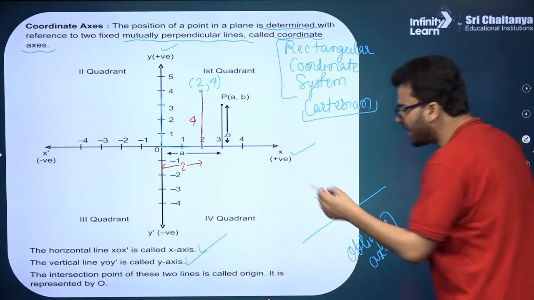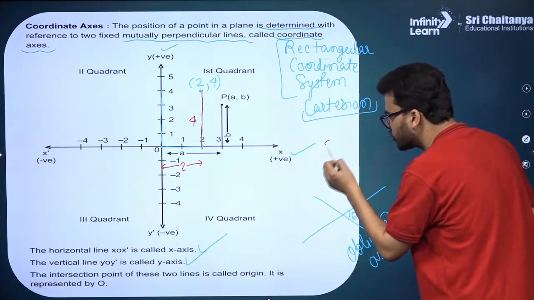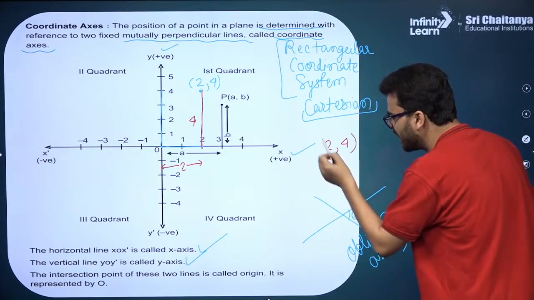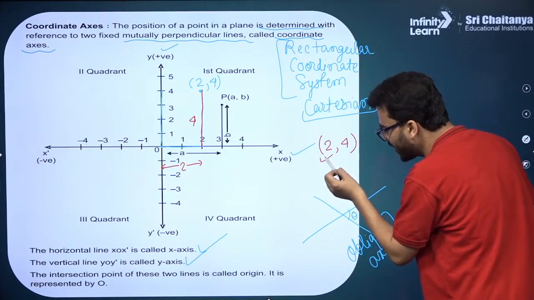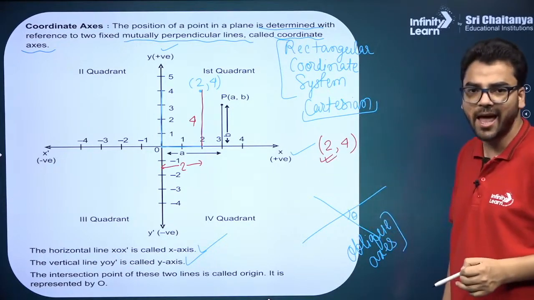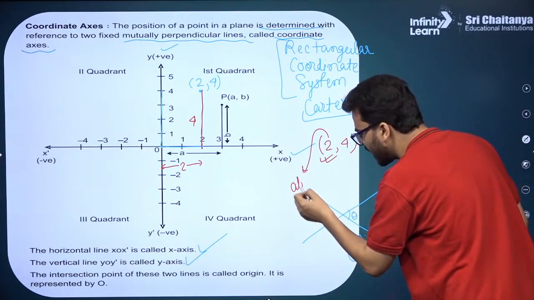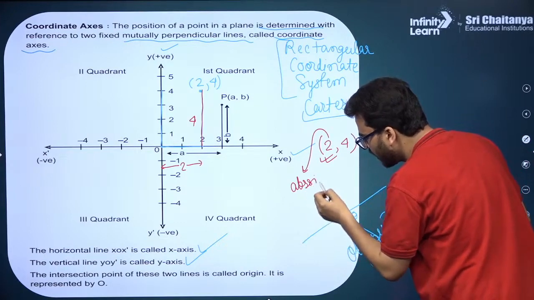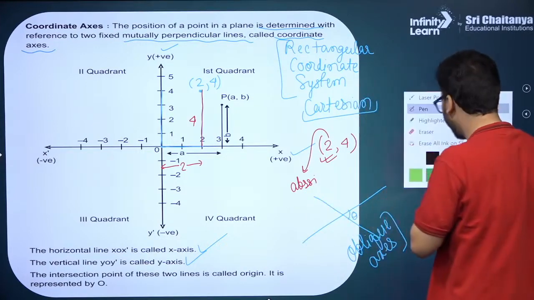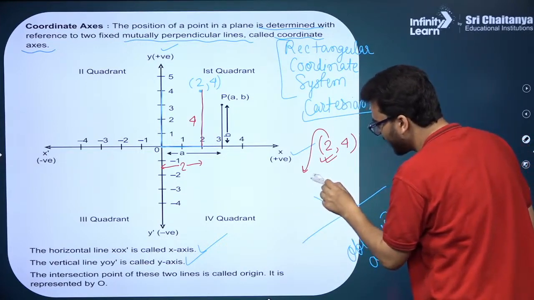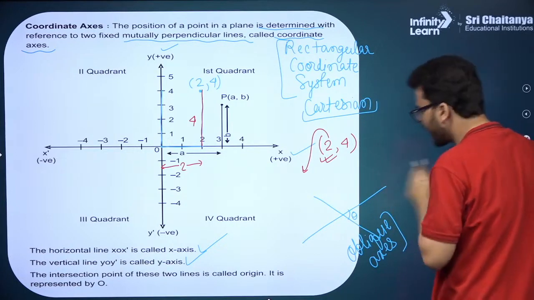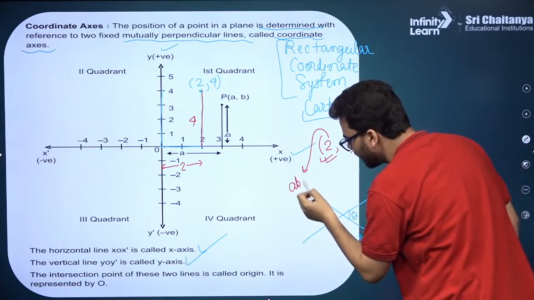So a point can be represented like this. Yes, 2, 4 over here. This is the x coordinate or the abscissa. You understand that it is a different type of word, abscissa.